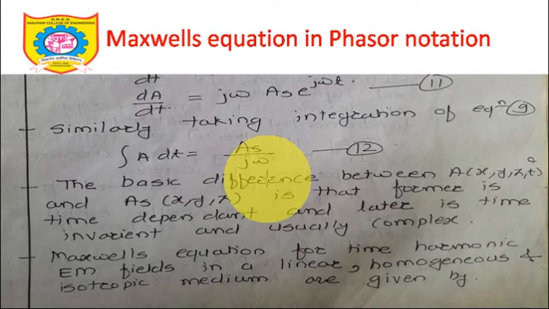First, we started with a complex number and how to represent phasor notation, then we understood the real part and imaginary part of any vector field. Once that was clear, we did certain mathematical operations on the vector field A bar, A_s. When I take a derivative, I multiply the A bar or A_s term by j omega, and if I take an integration, I divide by j omega.